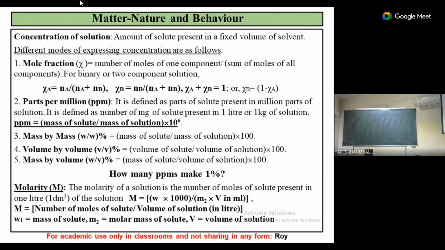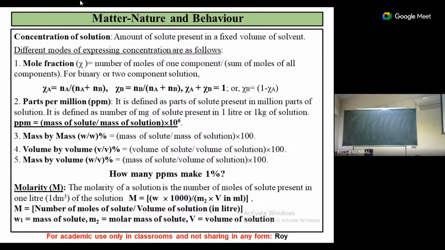So if you have some mass of the solute, you divide it by the mass of the solution and multiply by 10 to the power 6. That gives you ppm.